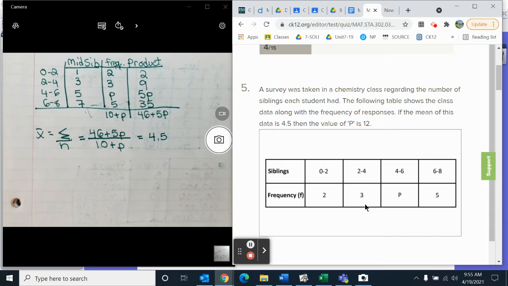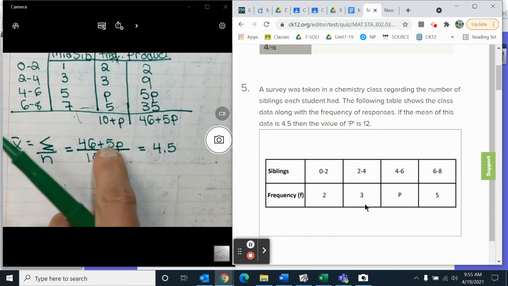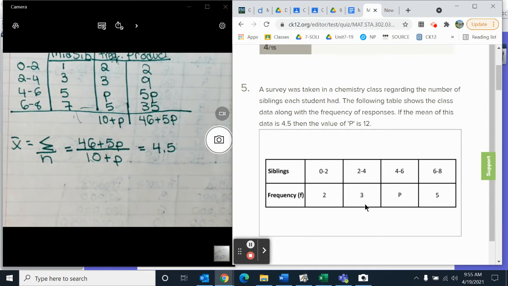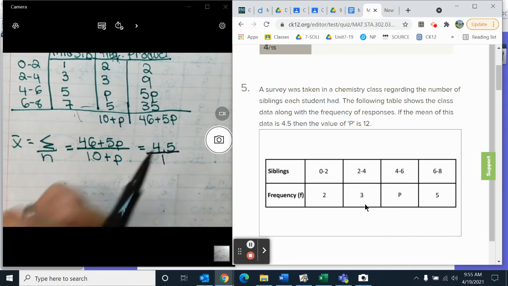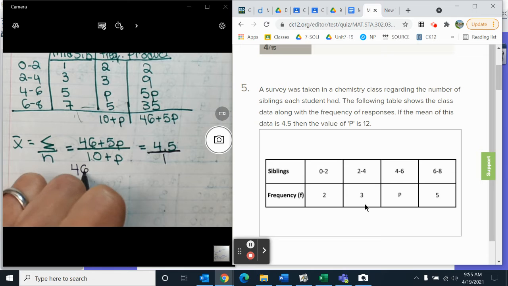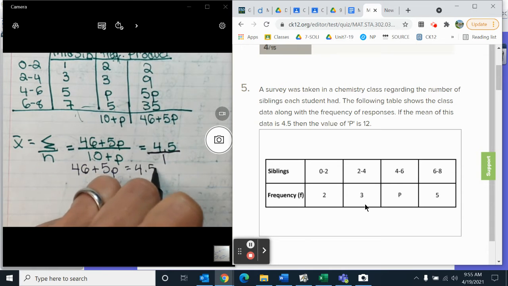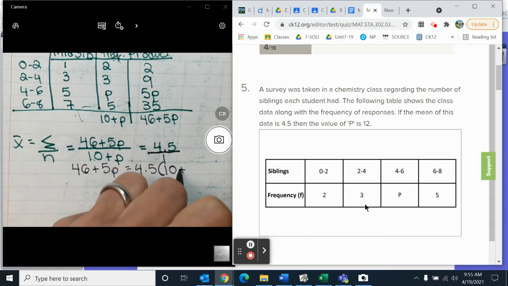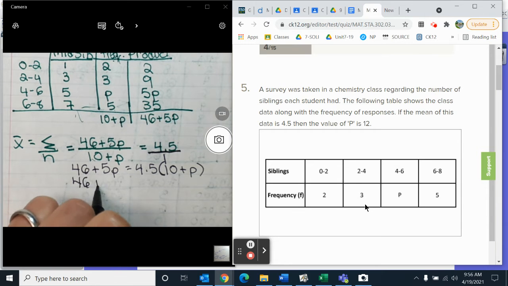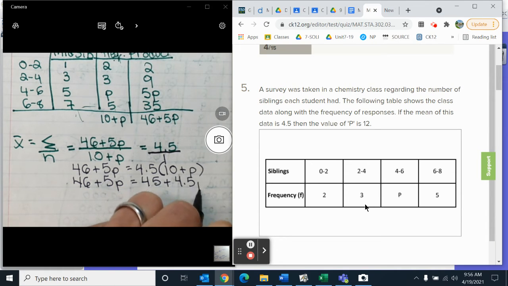So now we need to do a little algebra to solve this equation. Consider this a proportion. Cross multiply, and we have 46 plus 5P is equal to 4.5 times 10 plus P. Then 46 plus 5P is equal to 45 plus 4.5P.